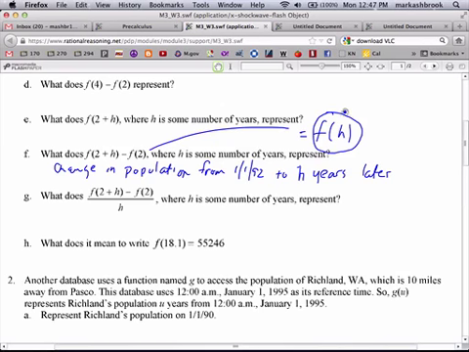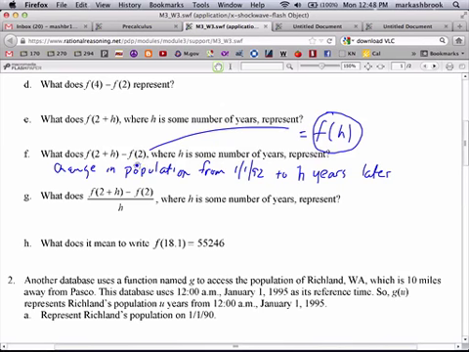Okay, yeah, if h was negative, yeah. So as long as h is positive, it is the population h years after January 1st, 1990. Is that the same thing as the change in population over the h year period starting in 1992? Could be a different change.